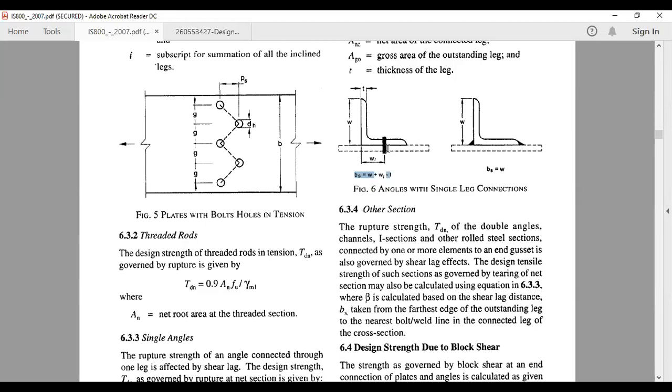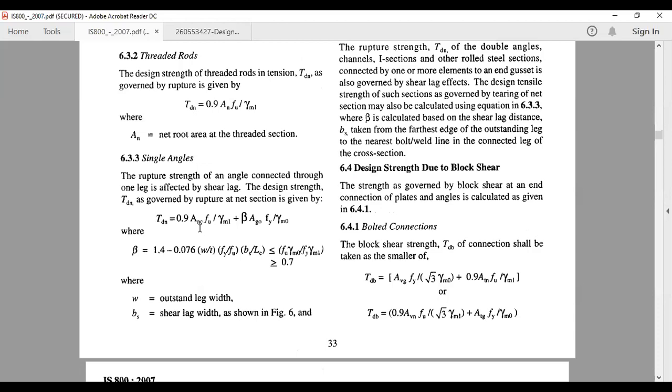Now if you have welded connection, here you have the shear lag width value. Bs is simply equal to the width of unconnected leg. One term in this was W, width of outstanding leg. The other term here is Bs, the shear lag width.